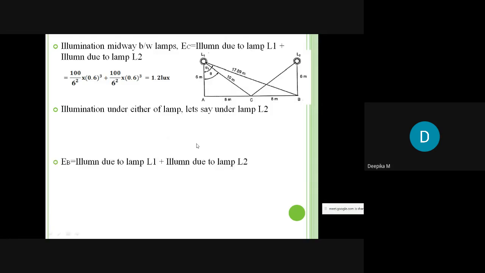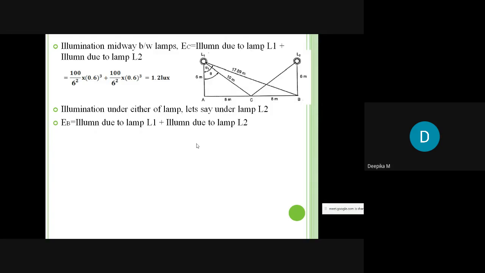So therefore it is I by h square, or actually, sorry, point B and point A also will be getting illumination from both the lamps, because the distance between them is little small, and we will be getting illumination from both the lamps. So therefore illumination at point B is illumination by lamp L1 and illumination by lamp L2.